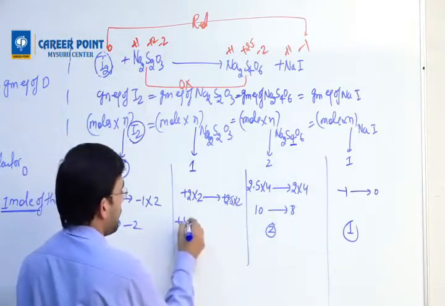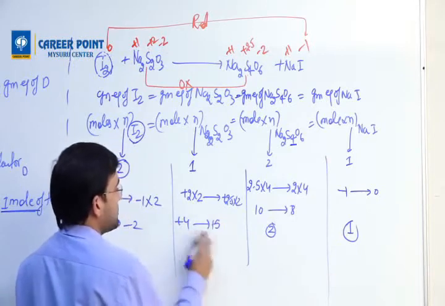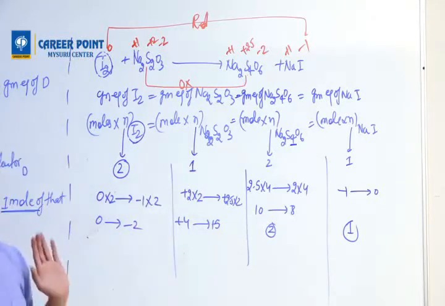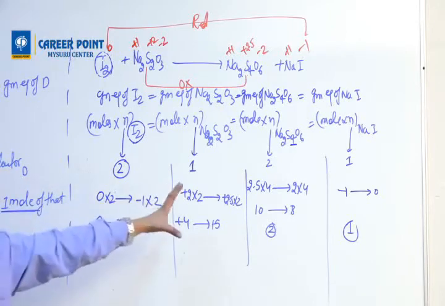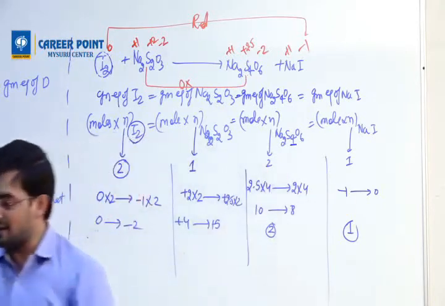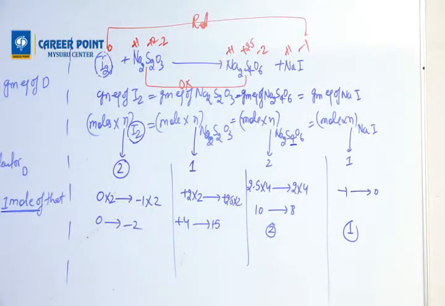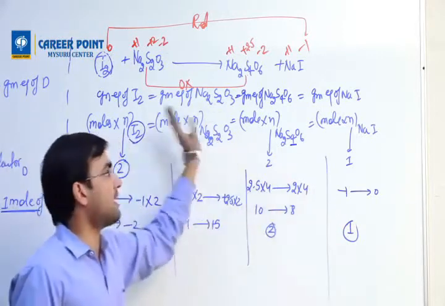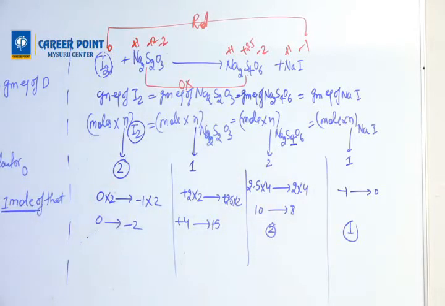So plus 4 to plus 5 changes by 1. So the n factor is 1. Understand now? If you have understood all this concept of n factor, in the comment box write down, yes, I have understood.